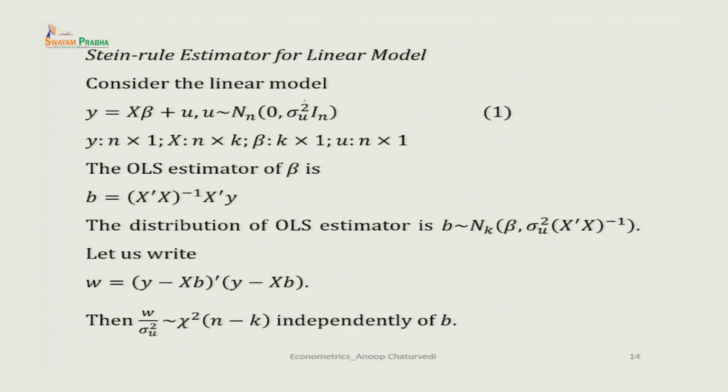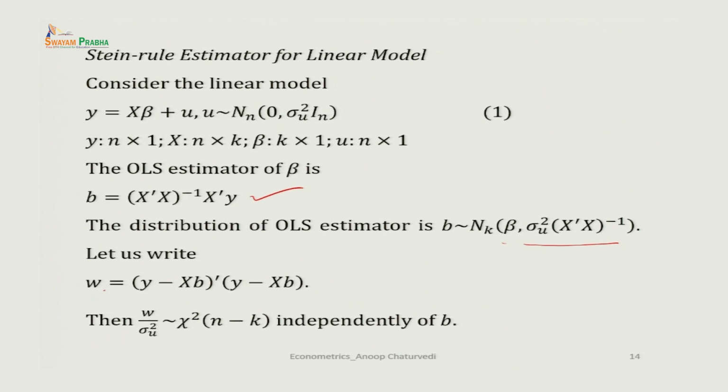We consider the model y equal to x beta plus u, where u follows a normal distribution having mean 0 and variance covariance matrix sigma square u times identity. Y is of order n cross 1, x is n cross k, beta is k cross 1 and u is n cross 1. Then this is your OLS estimator of beta, and the distribution of the OLS estimator is normal with mean vector beta and variance covariance matrix sigma square u x transpose x inverse.